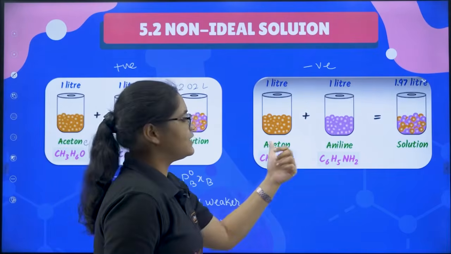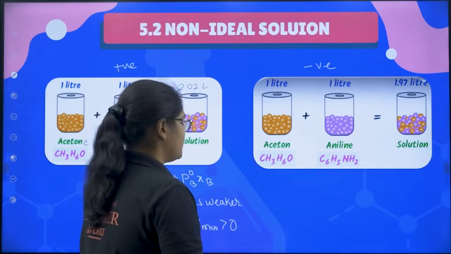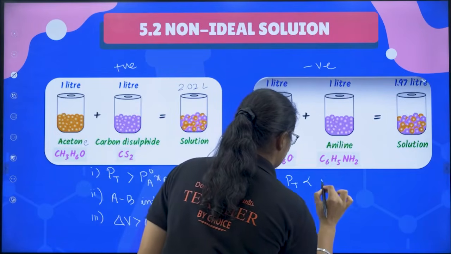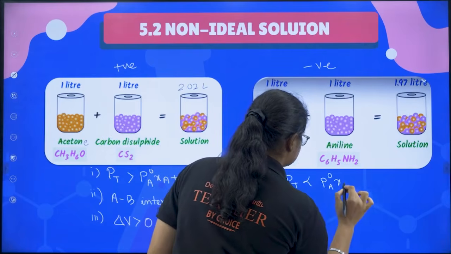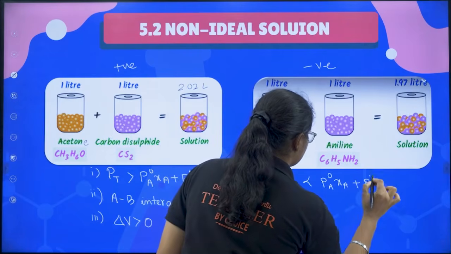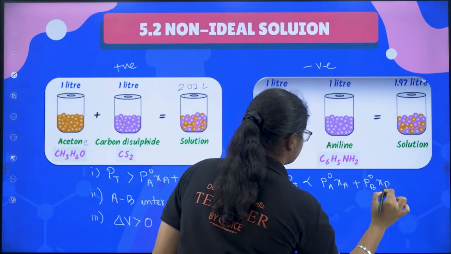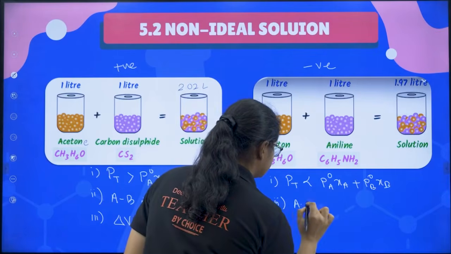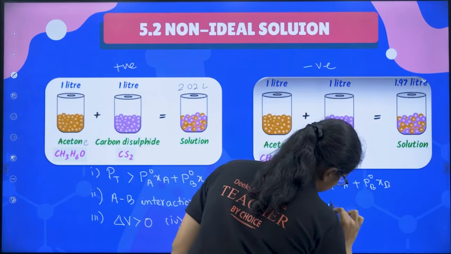For negative deviation, you have acetone and aniline. Here the total pressure is less than P naught A XA plus P naught B XB. Then the AB interactions are stronger.